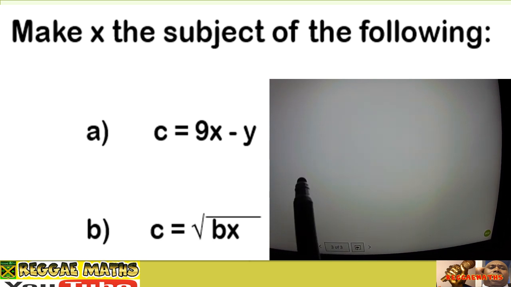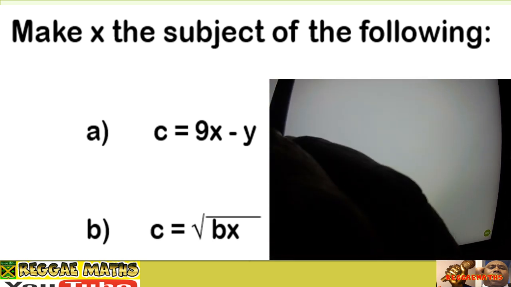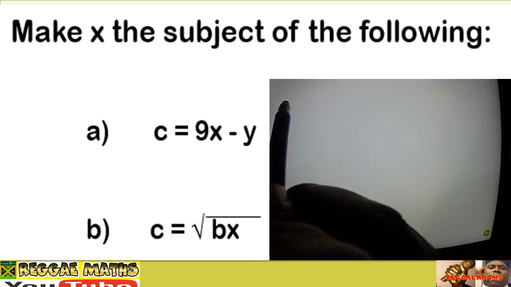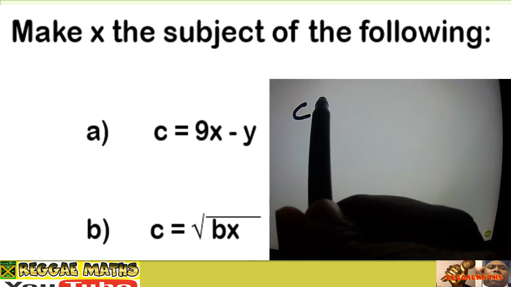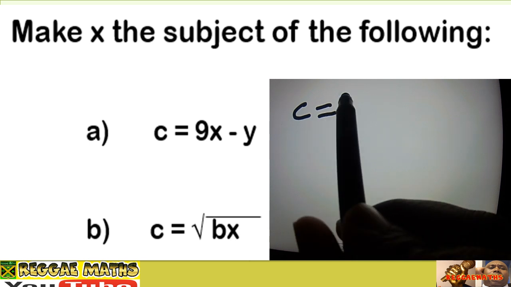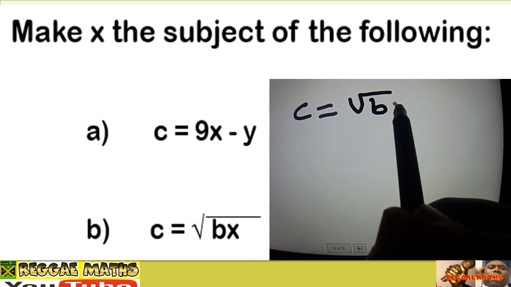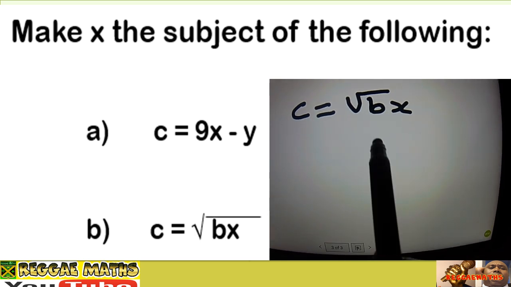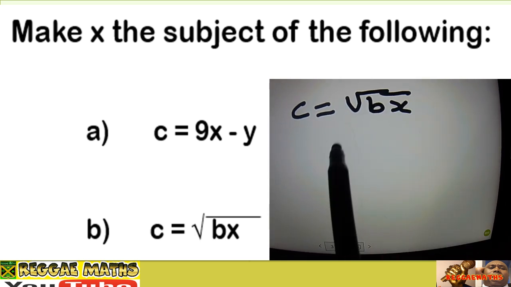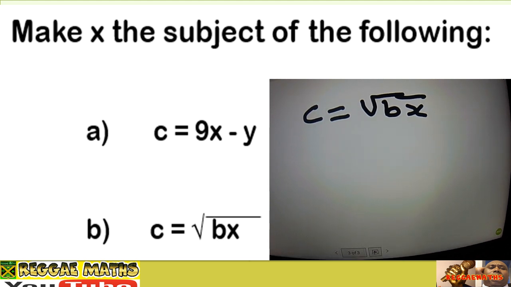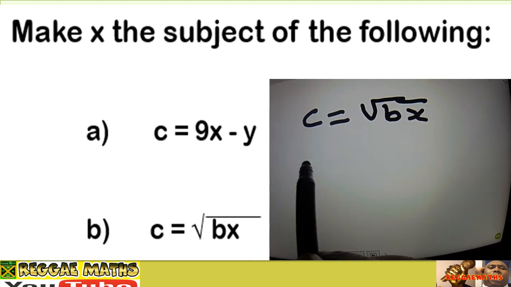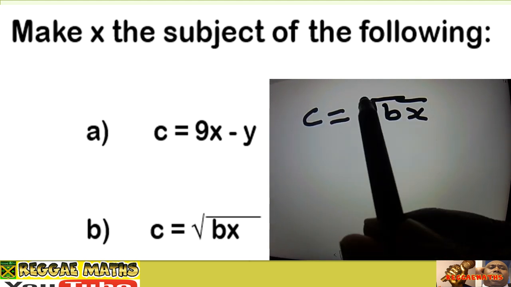Look at the next one we got here. We got c equals the square root of bx. So what's the opposite of square root? Square. So I need to square both sides.